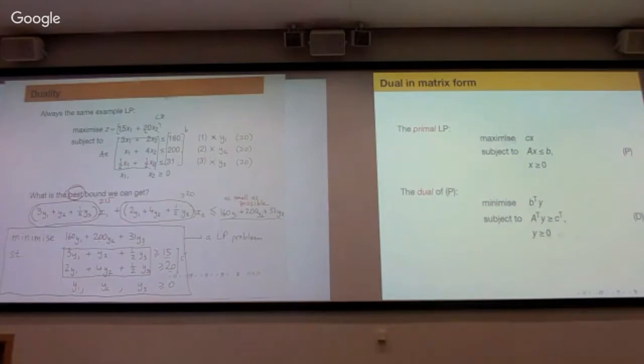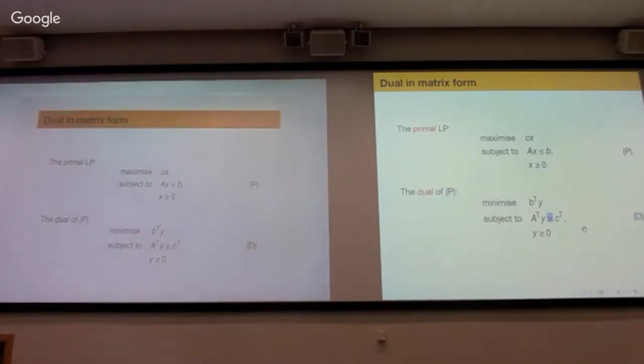Maximize is changed into minimize, and in the maximize we had less than or equal to, whereas in the minimize we have greater than or equal to. And that's how it works. Do you agree? That's how it works. And now we've got the theorem.